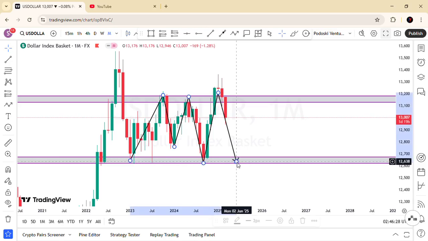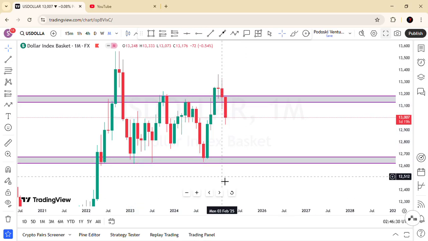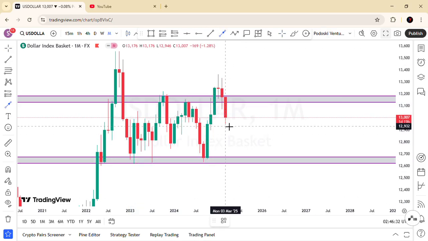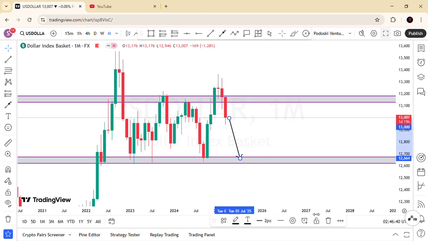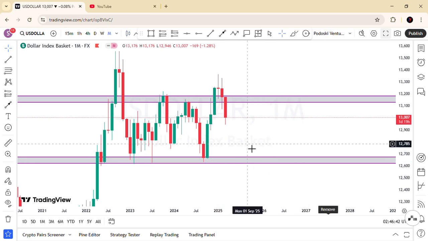Since price is below, we are expecting price to drop, but it hasn't touched the demand zone yet. We should capitalize on the opportunity from here all the way to the demand zone. So on the monthly time frame, on the US dollar index, we are looking for selling opportunities.